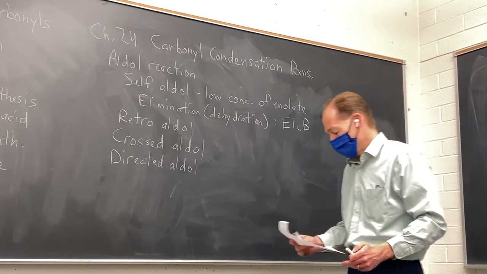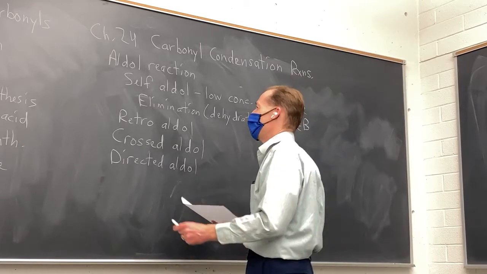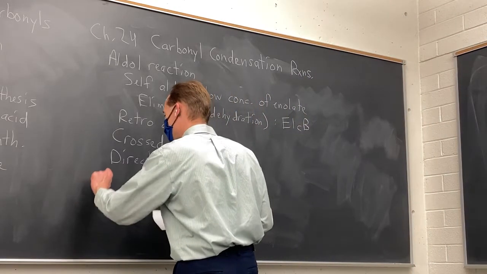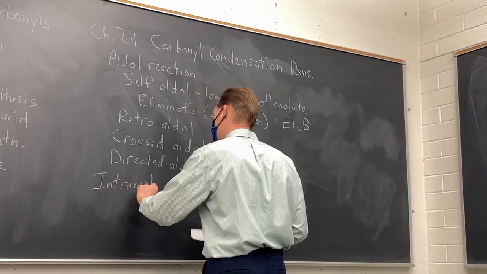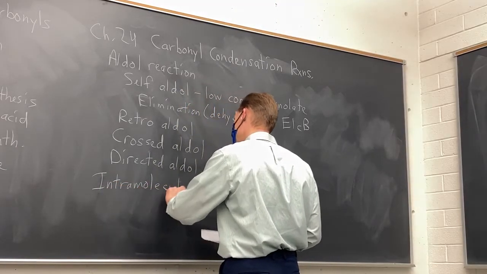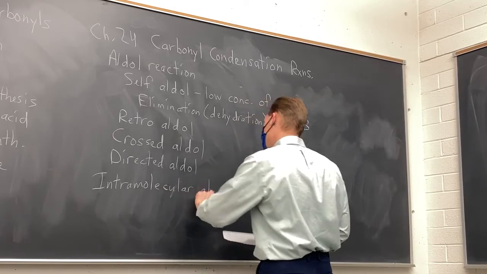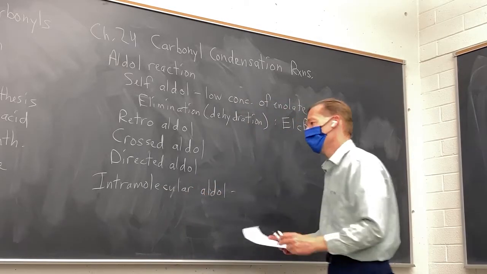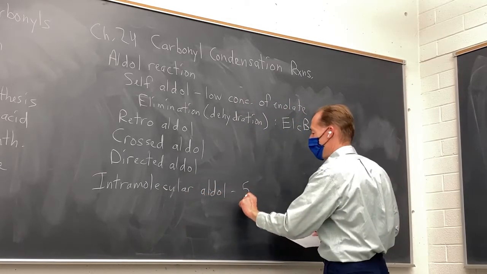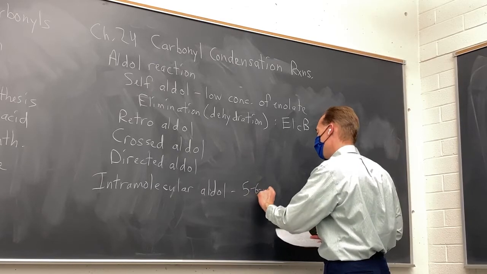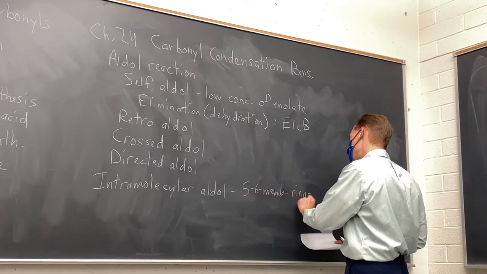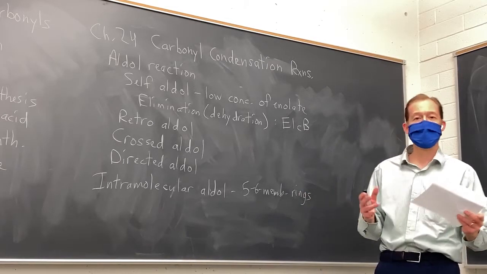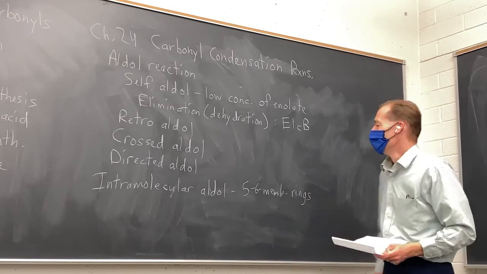Okay? And then our last aldol reaction that we talked about was the intramolecular aldol reaction. And that reaction was used to generate 5 to 6 membered rings because those are our most stable rings, the ones that are free of ring strain.